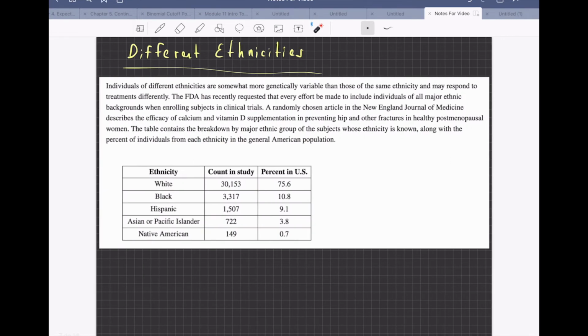And there you have. In this case, notice we have the counts for the study, and the values that are supposed to be true, the percentages, all right? The counts in the study were 30,153 for white, 3,000 for black, 317 Hispanic, and so on, Native American.